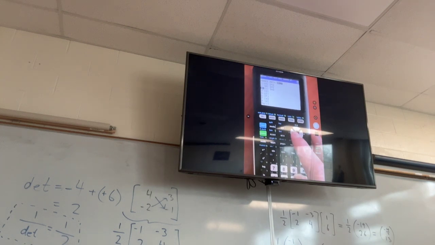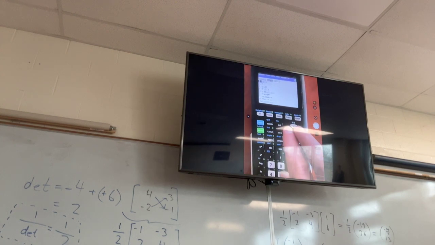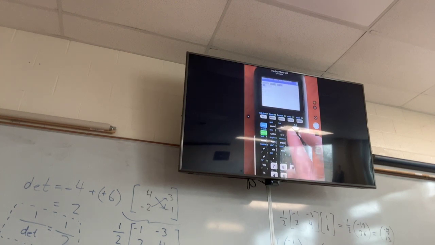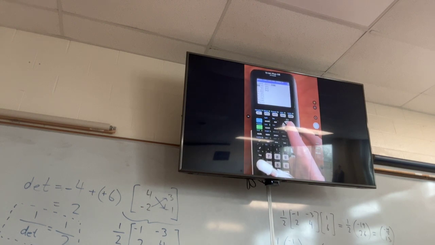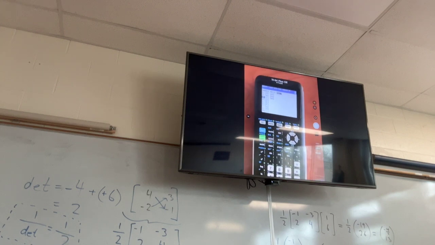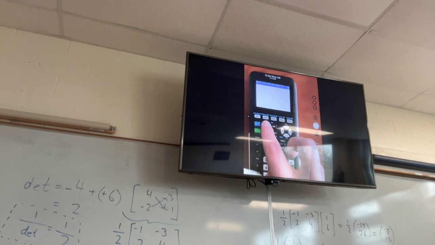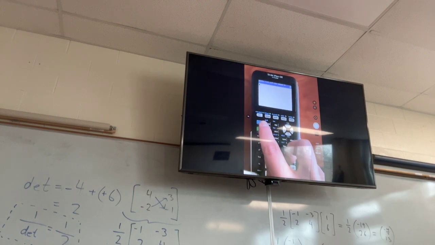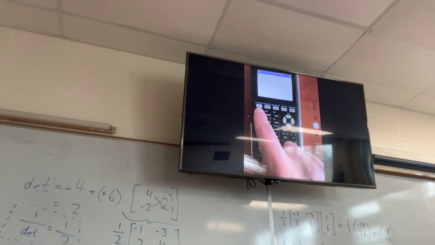To change a matrix, you have to go to the edit menu. I want to edit matrix C. And then you put the entries in. After you put them all in, hit second quit, second quit. And then what do you do? Go back to the matrix menu.